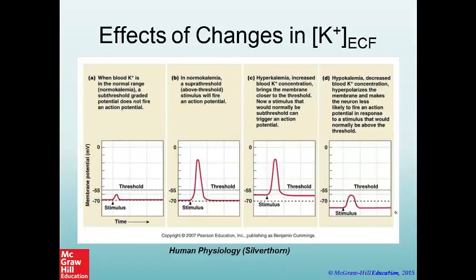Now, because the resting membrane potential is established by potassium and also the negatively charged organic anions inside the cell, mostly proteins, which are not found outside the cell, the resting membrane potential is highly susceptible to changes in extracellular fluid potassium concentration.